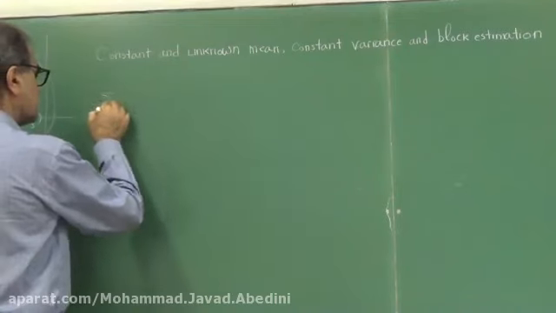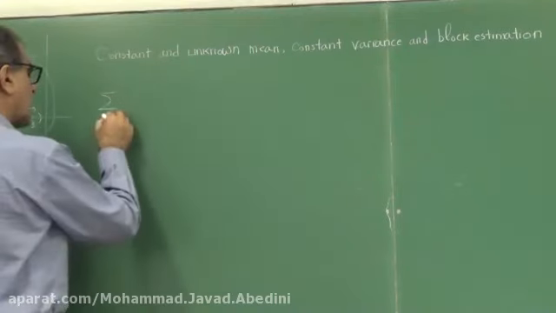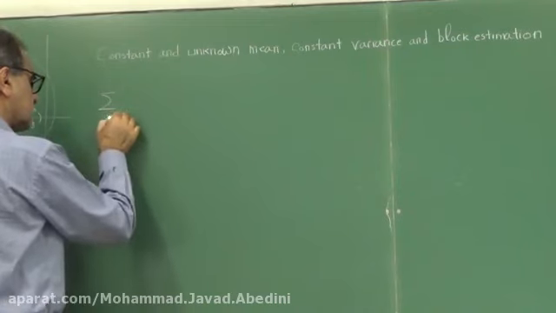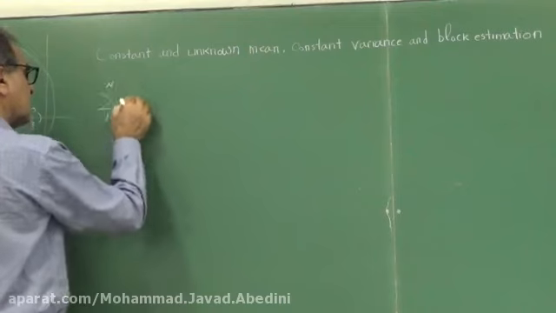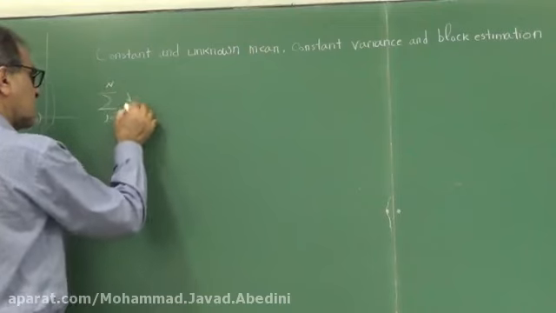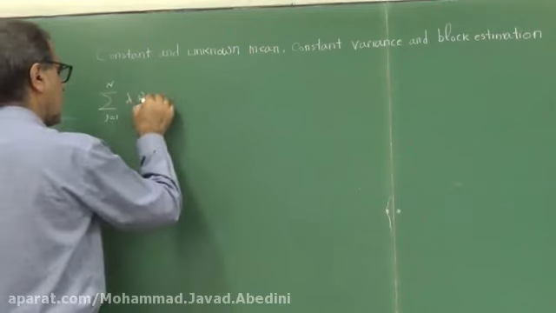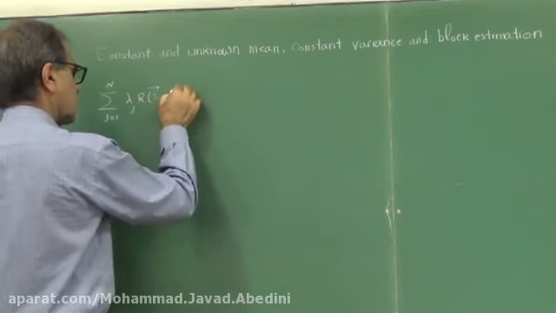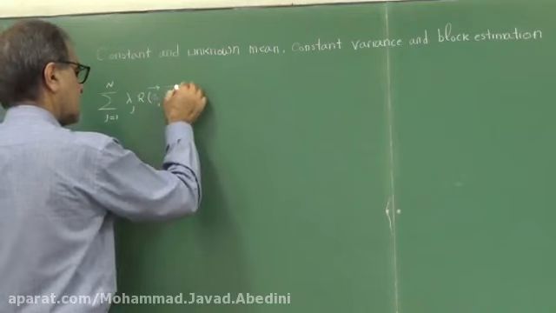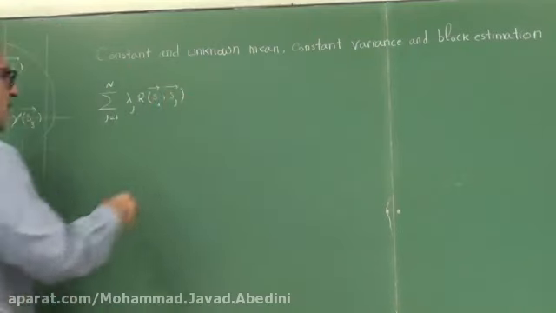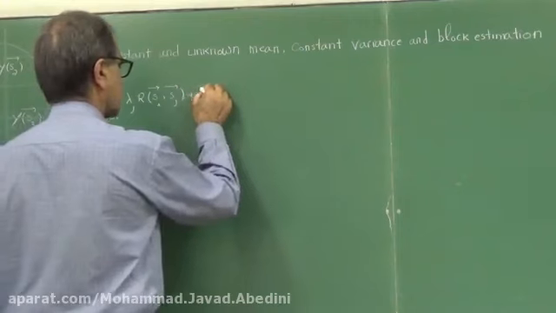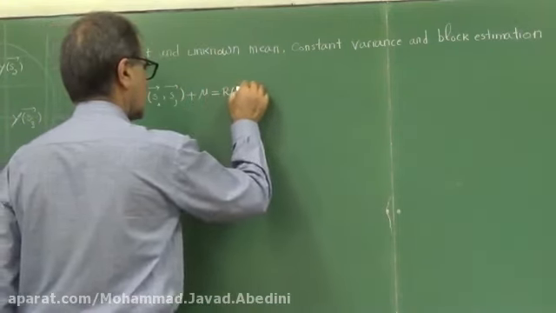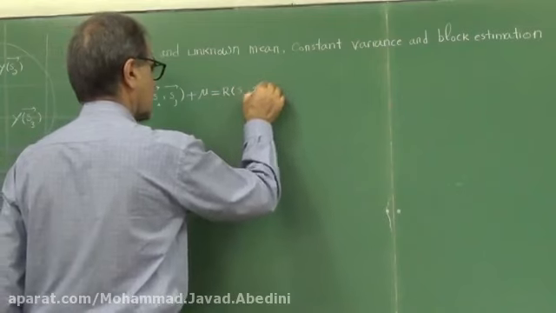Summation j from 1 to n, lambda j, r sub s_i s_j, plus mu equals r sub s_i S0.